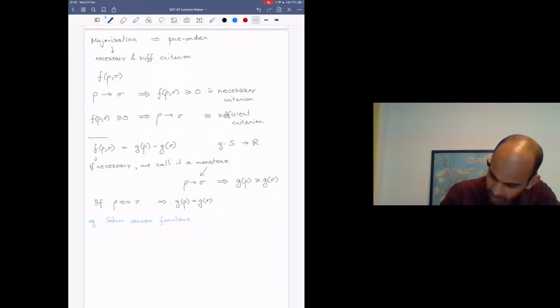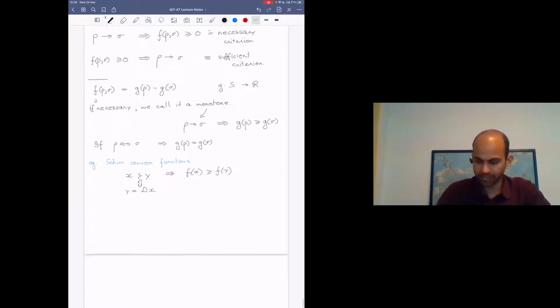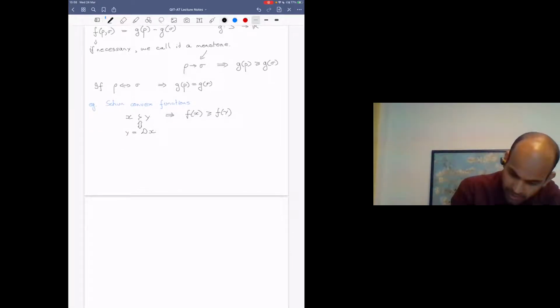Because remember, a function was Schur-convex if and only if, so let's write it on a new line, this was the statement that if x majorizes y, which is the same as saying that y is equal to some doubly stochastic transformation of x, it implies that f of x must be greater or equal to f of y. So one example is the negative of the entropy.